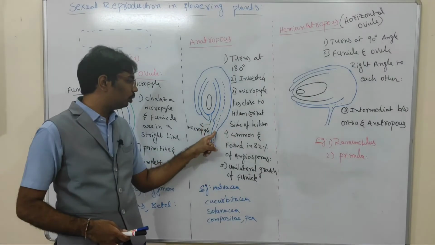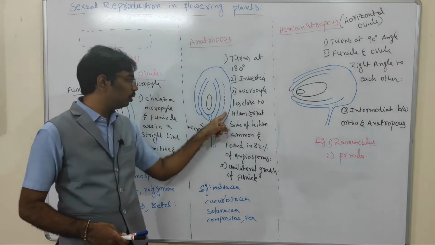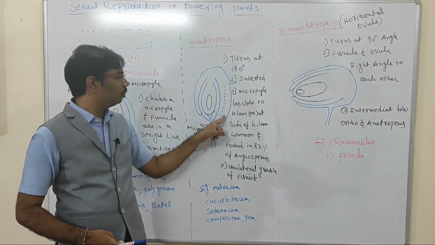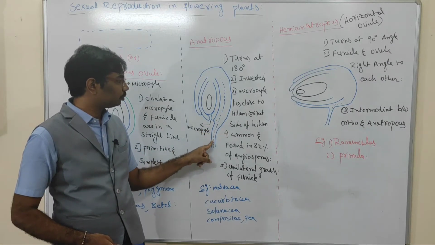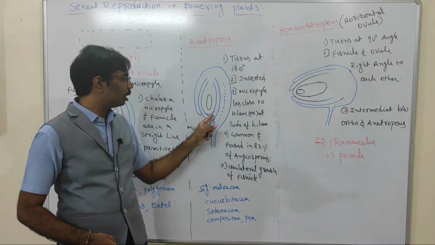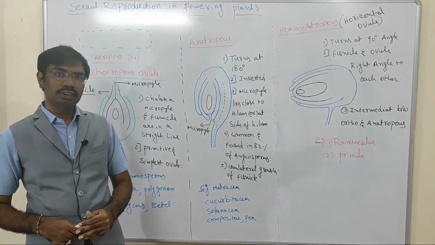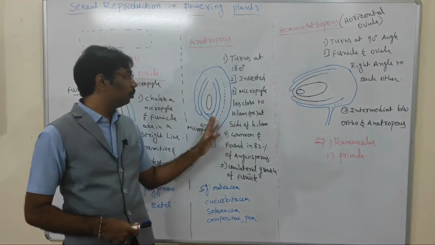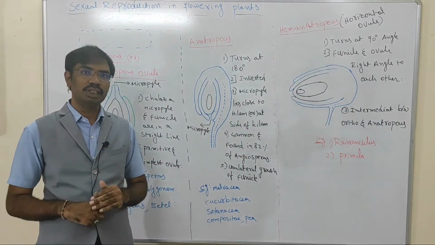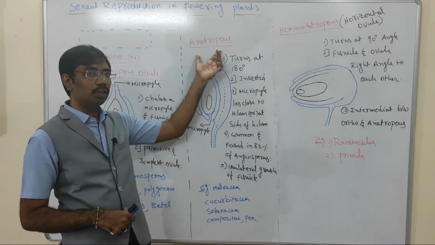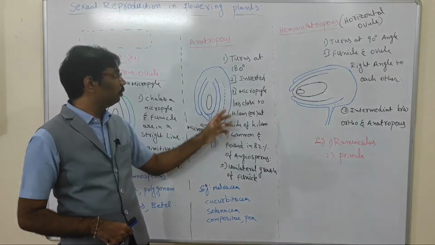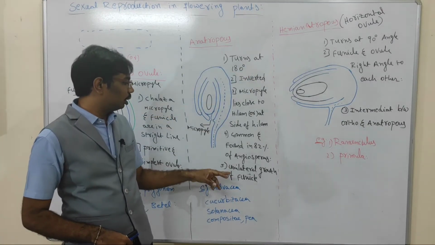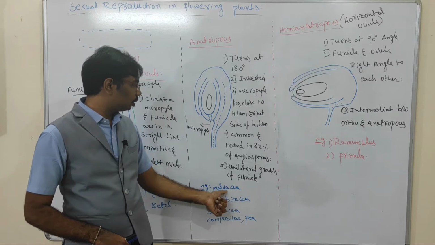It is the common type of ovule, present in 82% of angiosperms. Most angiosperms have an Anatropous ovule, turned at 180 degrees. Now see the examples.